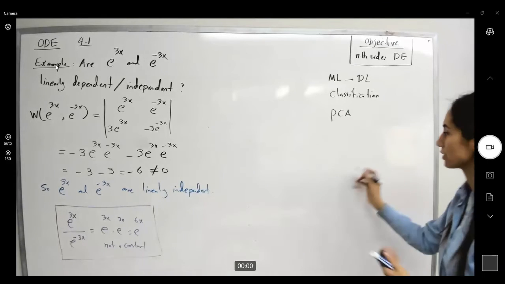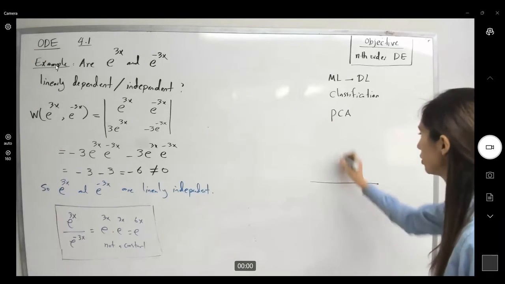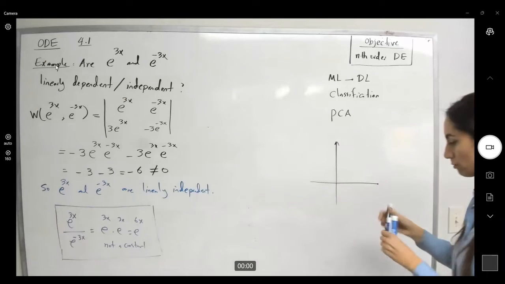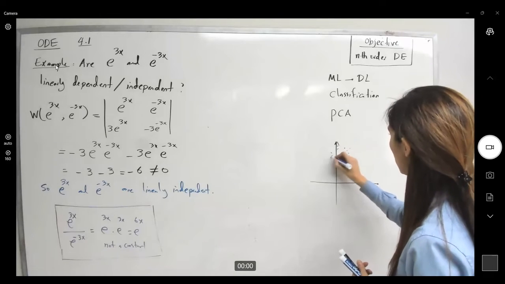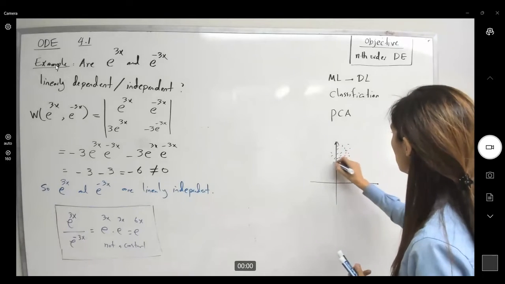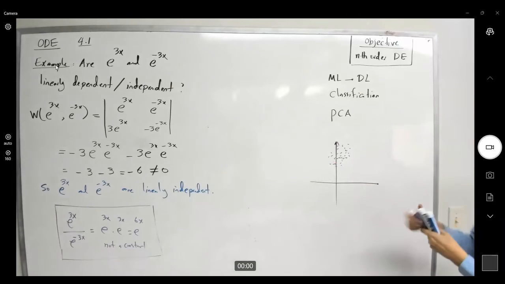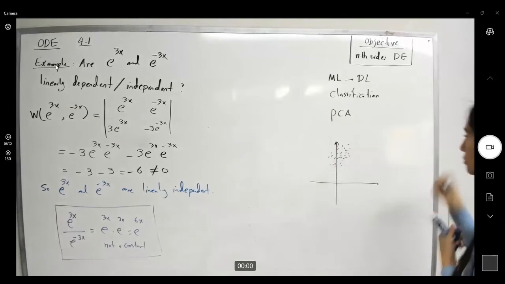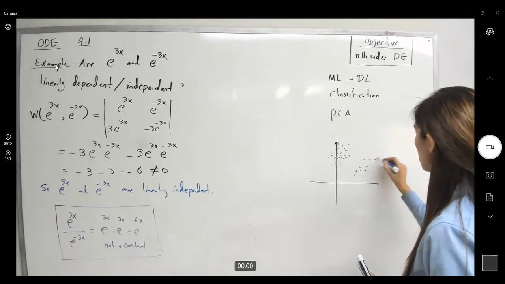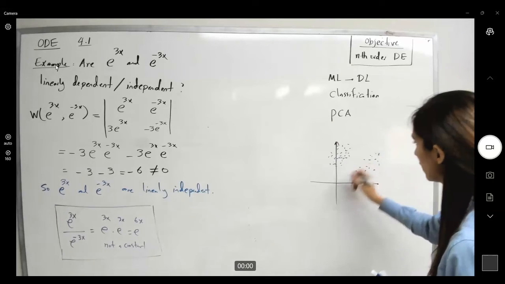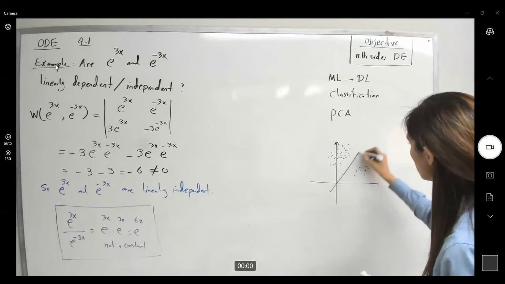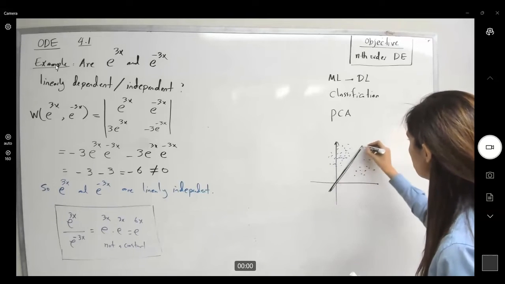For example, you have a bunch of points, and you want to apply the PCA method. Some points are clustered around here, some other points are clustered around here, and this is the axis that you have for your classification.